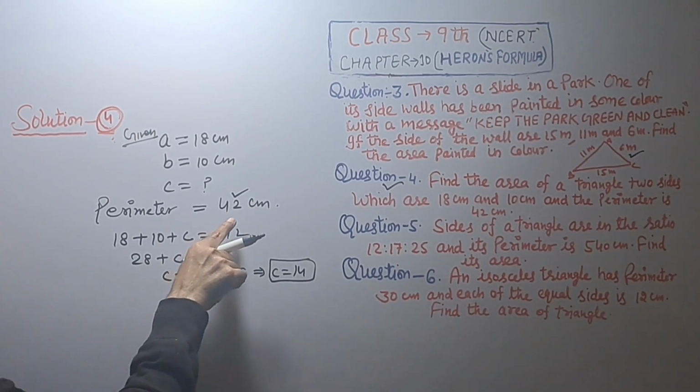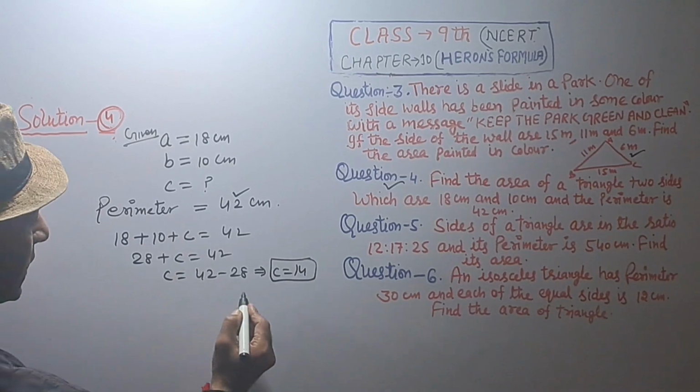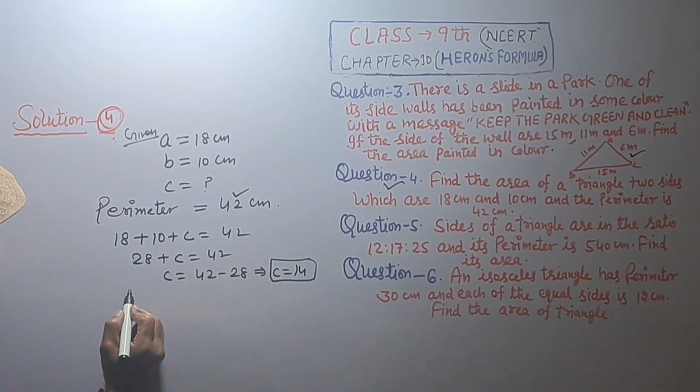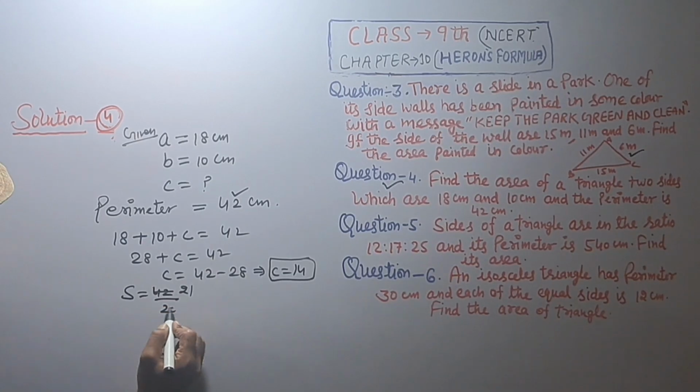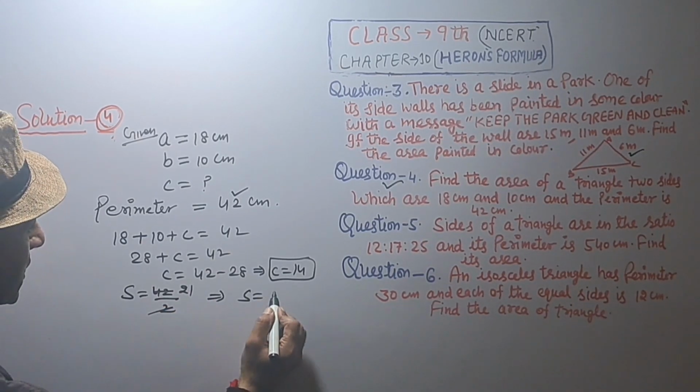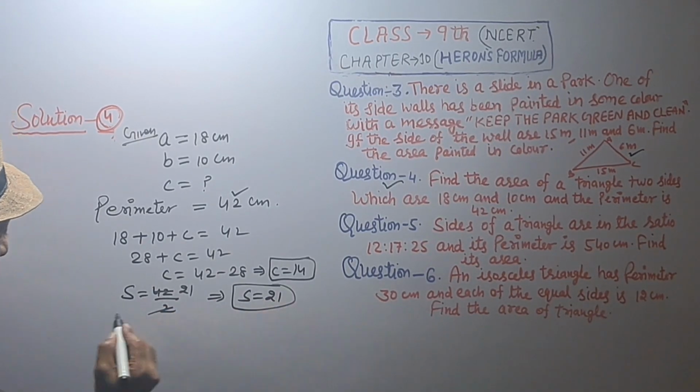Given perimeter is equal to 42, then S is equal to 42 upon 2, that is 21. S is equal to 21.